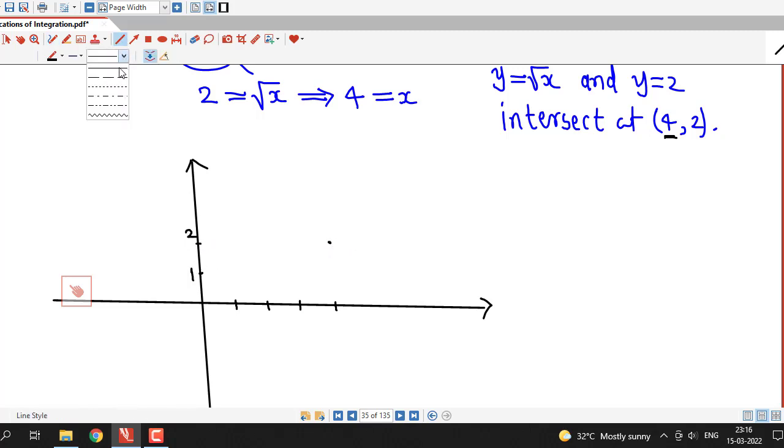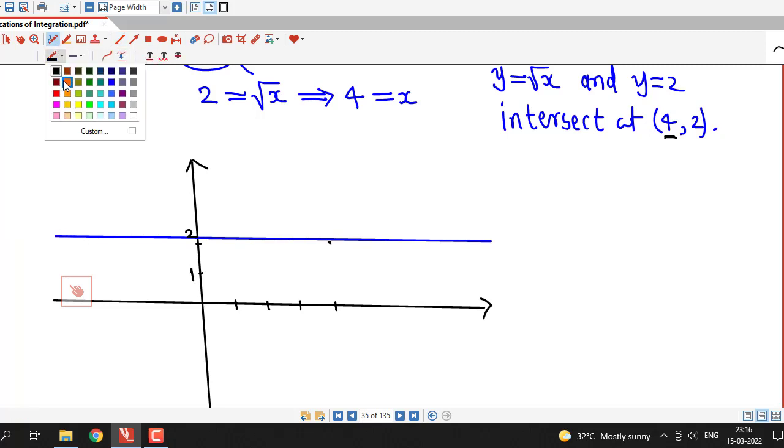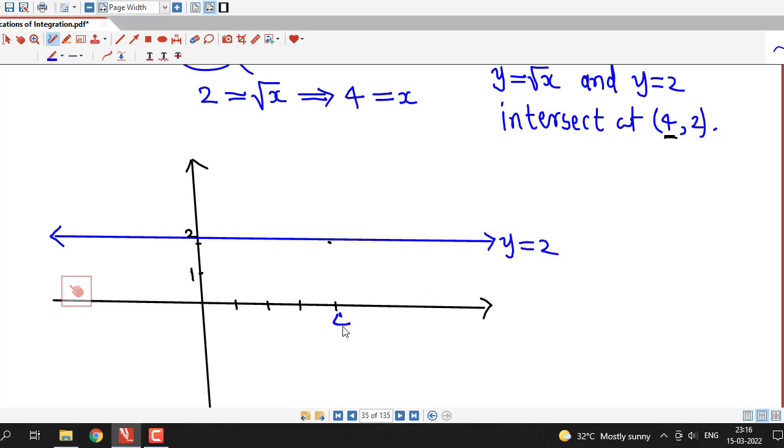So we first sketch the line y equal to 2, and it is the line passing through these 2 points, and this is the axis of rotation. So we first mention this is the line y equal to 2, this distance is 4, so this point is 4, 2, and y axis is given by x equal to 0.